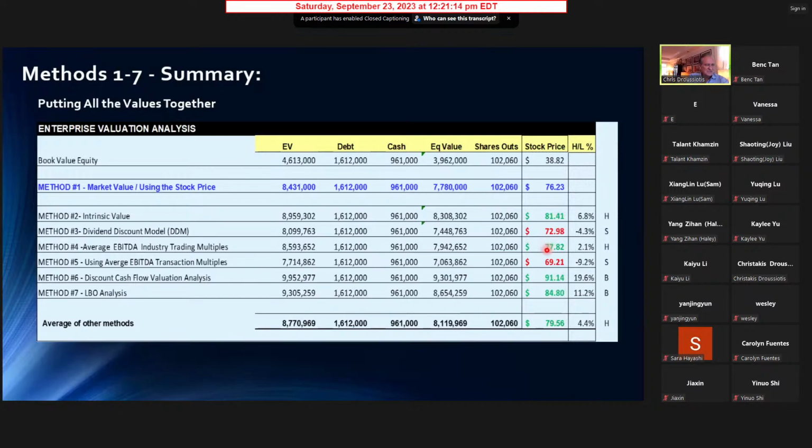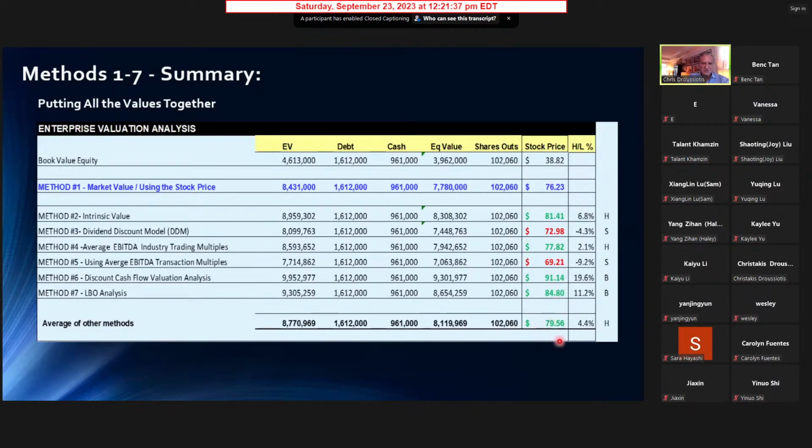This method is a hold to a buy, maybe hold because it's such a close call. Method 5 puts the stock at 69, so it's a sell. And then the last two analyses put it at a buy. 91 is a buy, because 76 is lower than 91. And then 76 is a buy because it suggests 84.